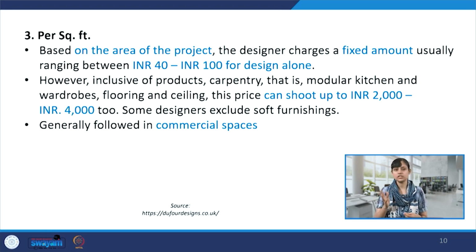However, if it is inclusive of products, carpentry, something like a modular kitchen, wardrobes, flooring and ceiling, it can shoot up to 2,000 to 5,000, and sometimes even more per square feet.